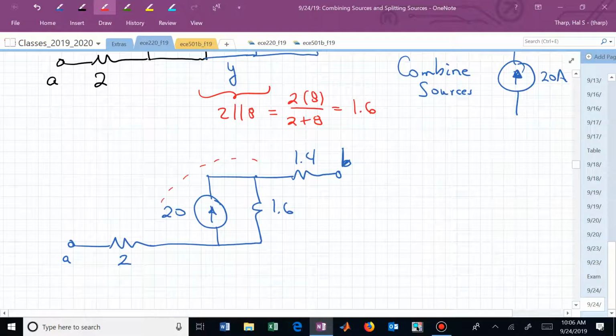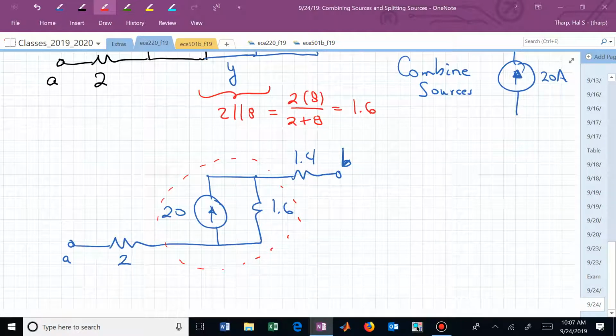What's this source? How do we describe that? Norton or Thevenin? Norton. But that source in that red blob is in series with resistors on either side. And how could I make my source look more series-like instead of parallel?